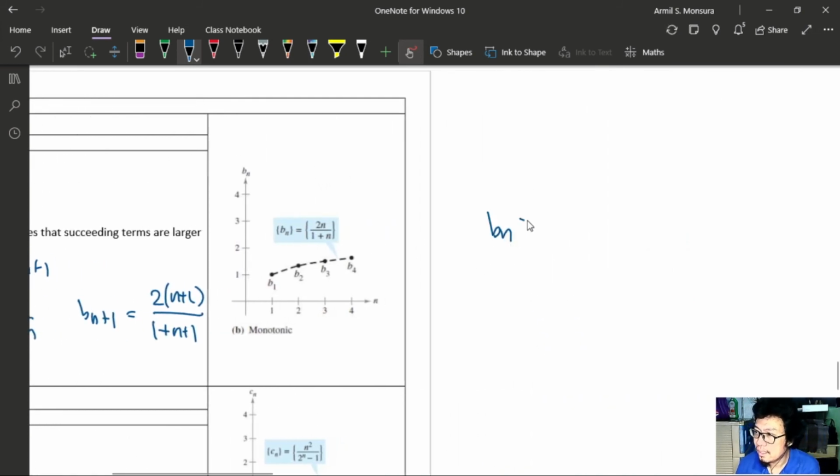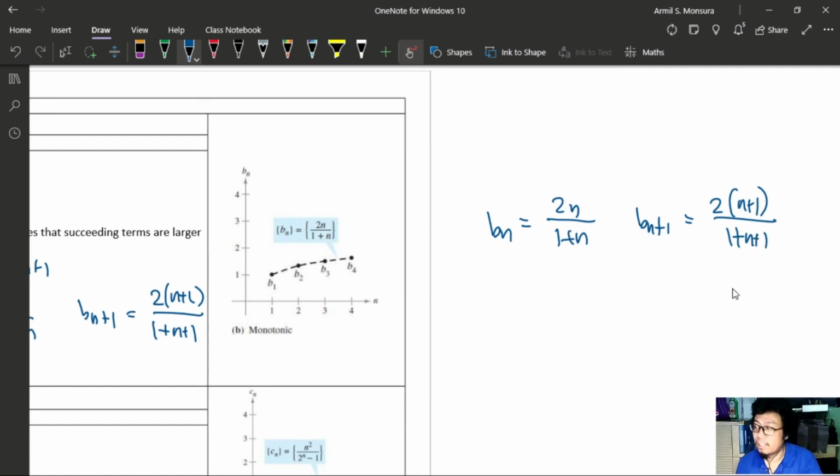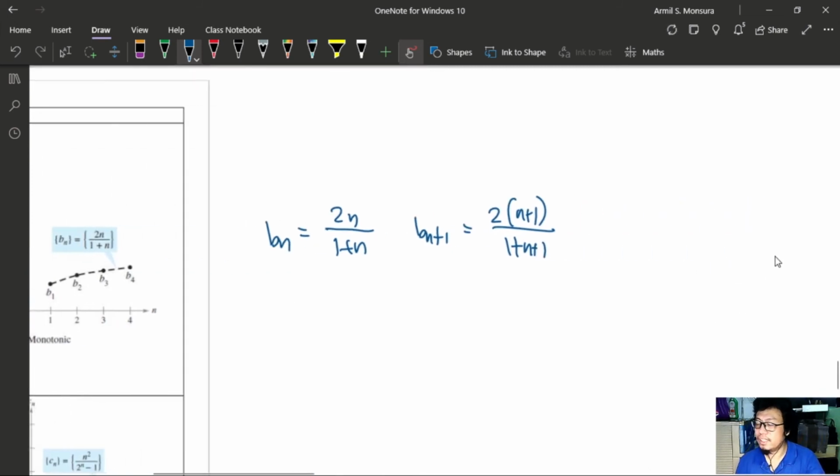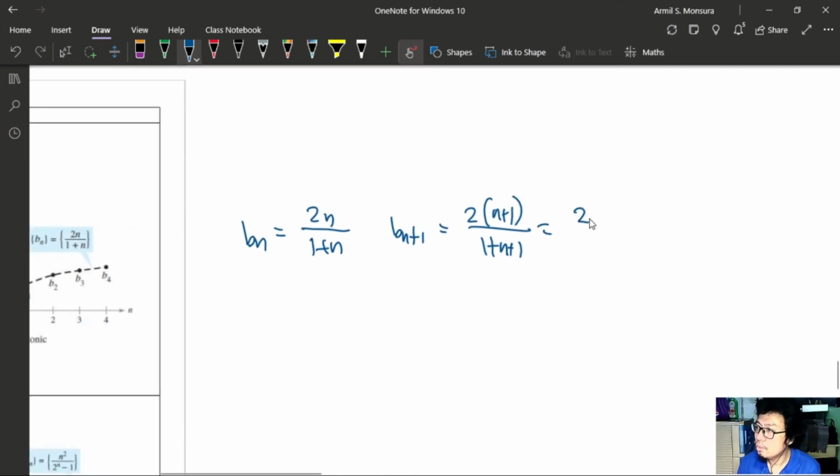So bn is again 2n over 1 plus n, and bn plus 1 is 2 times n plus 1 over 1 plus n plus 1, or this is 2n plus 2 over 2 plus n.